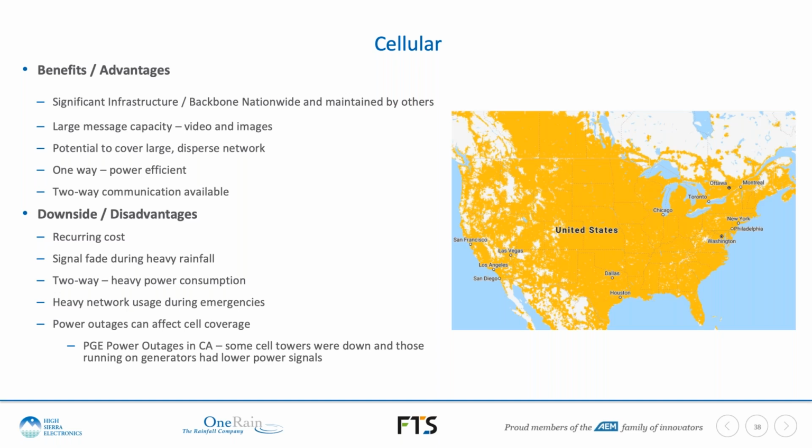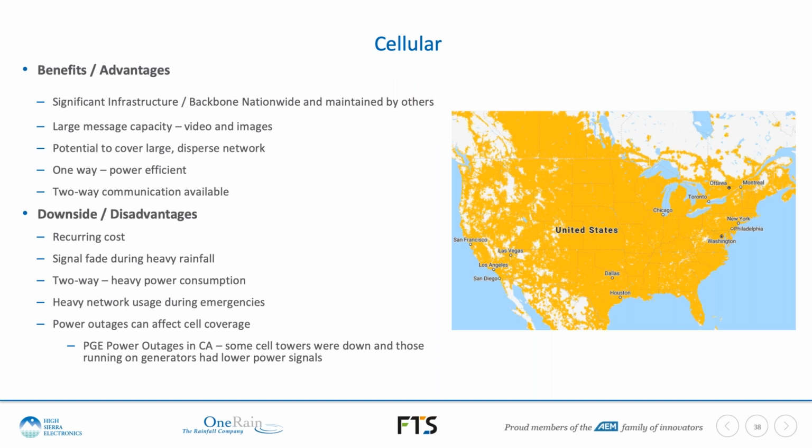And as I think I mentioned, two-way communication is also available, just like cell phone communications. If you've got a video, for example, you could be issuing pan, tilt, zoom commands back to the camera and have it respond basically in real time.